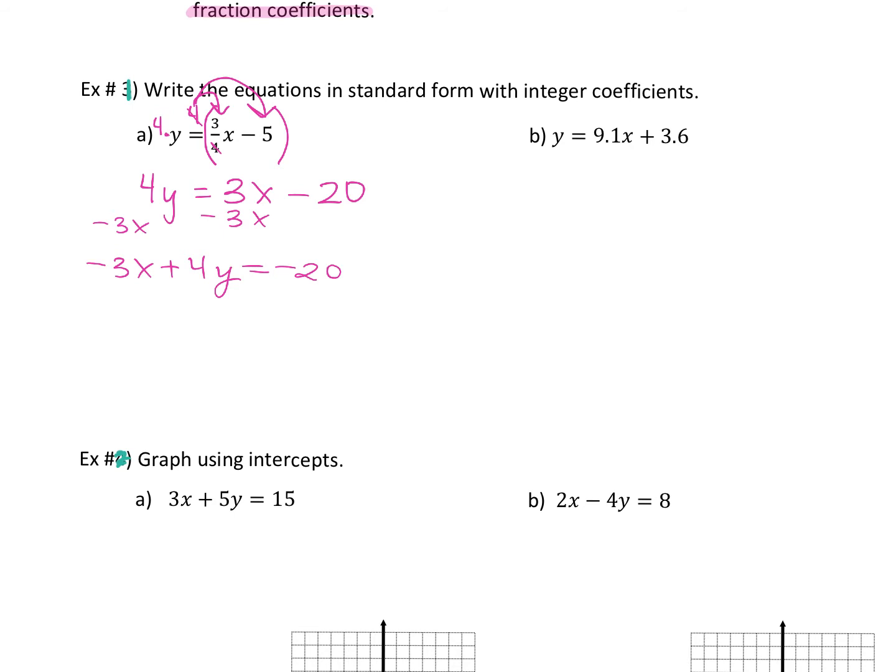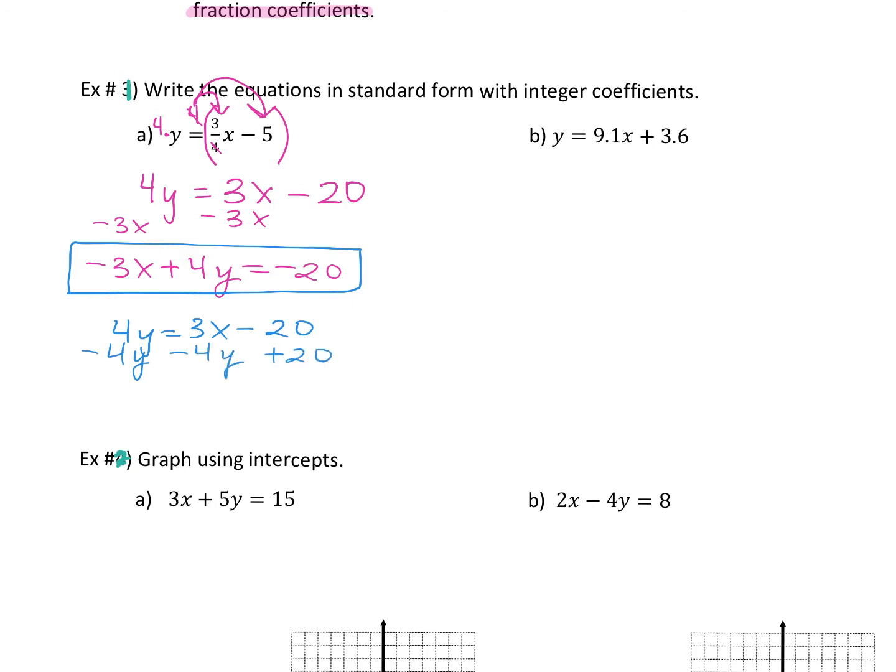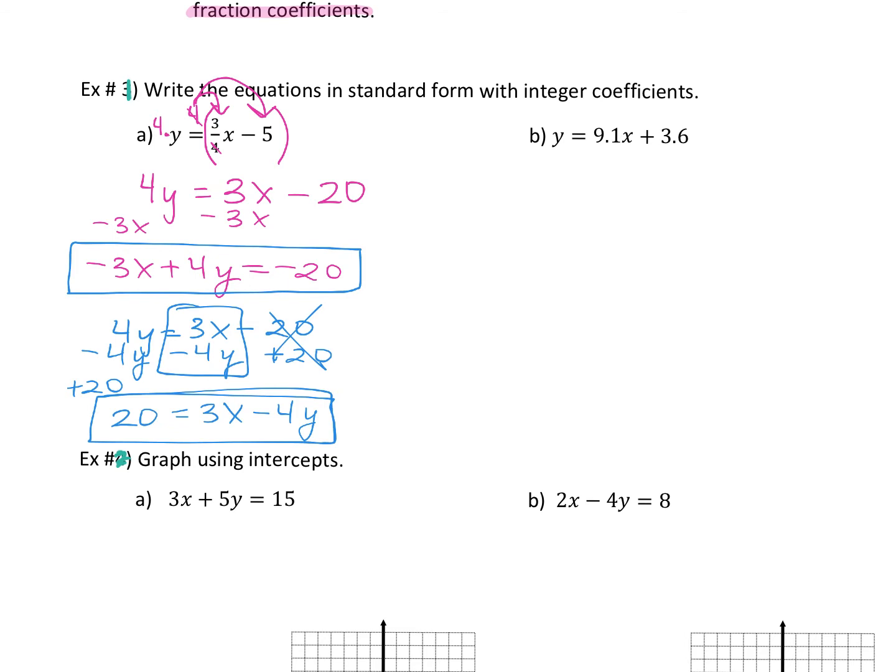But the more preferred way would be, starting from 4y equals 3x minus 20, to move the 4y over and then move the 20 over. So we'd end up with 20 equals 3x minus 4y. This goes away, this we can't combine, so you just write it as 3x minus 4y, and that would be your answer. Like I said, this is the preferred answer.